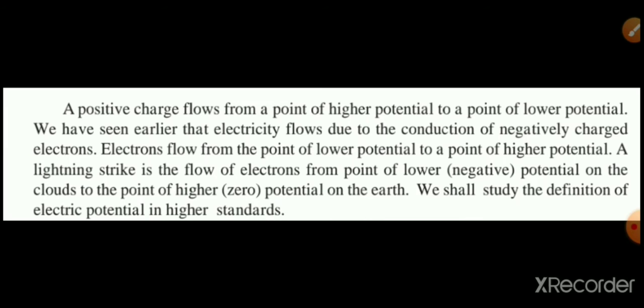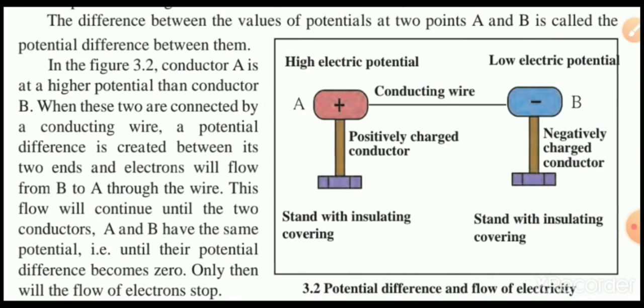Electrons flow from the point of lower potential to a point of higher potential. A lightning strike is the flow of electrons from a point of lower negative potential on the clouds to the points of higher, that means zero, potential on the earth. We shall study the definition of electric potential in higher standards.